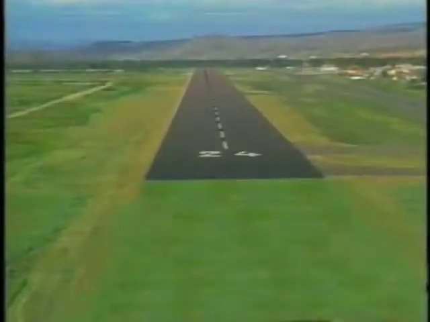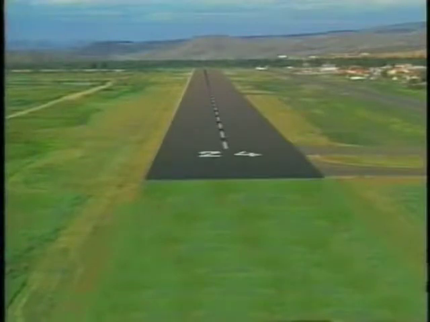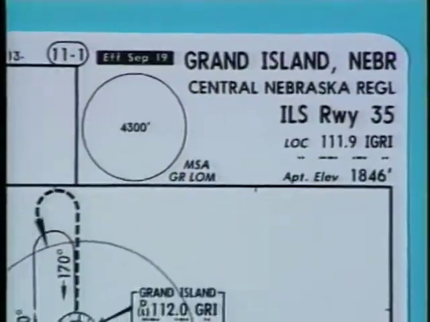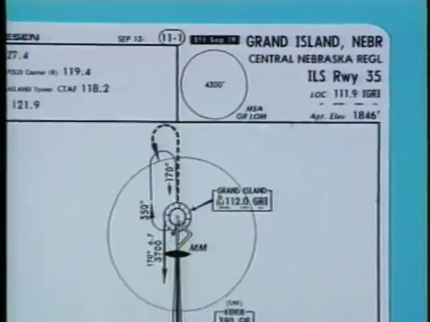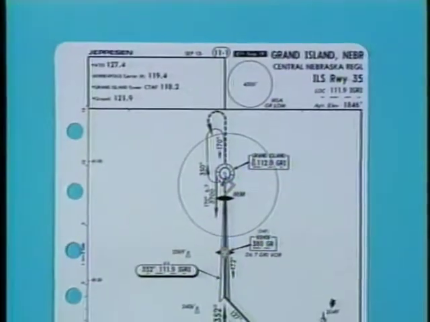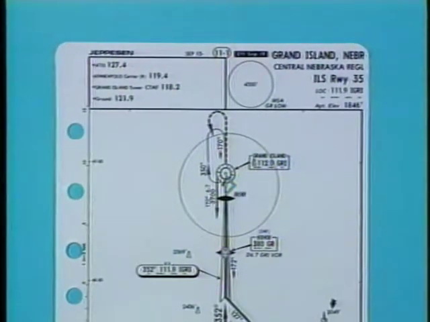Now let's look at an example of the basic VFR markings found on a hard-surfaced runway. They consist of white runway numbers and a center line. When instrument approaches are authorized at an airport, additional markings are added to help you identify the runway environment during reduced visibility.